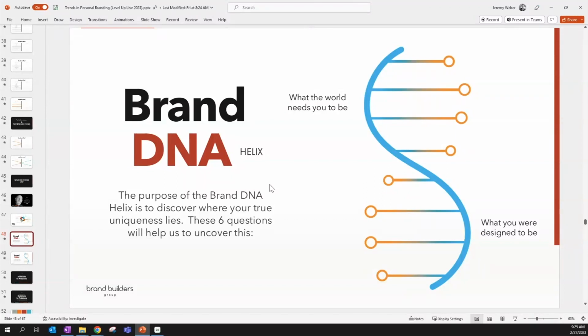We use this brand DNA helix to say your uniqueness lies at the intersection of these 6 questions, 3 at the top, 3 at the bottom. So these are all visual aids, what we call framework diagrams, that help us communicate different ideas and strategies to people we support.